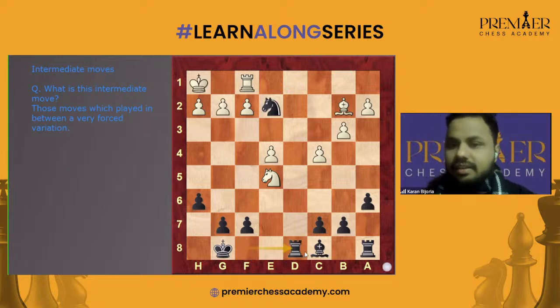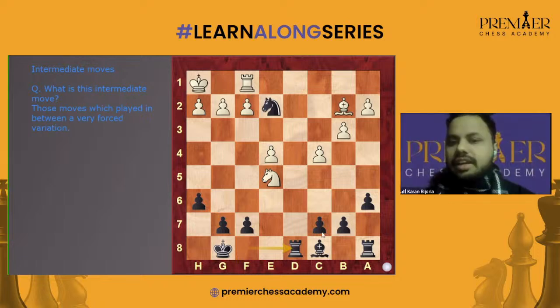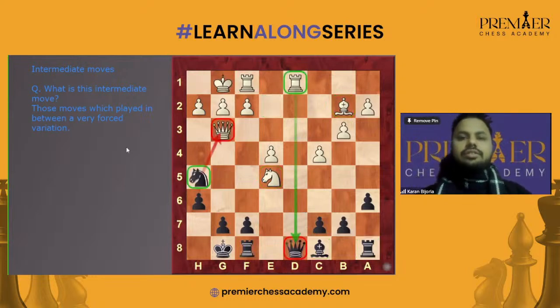This way, we are just up a piece. Look here, rook for rook, knight for knight, bishop for bishop, and now we have an extra rook here. And this is completely winning for black, sorry.